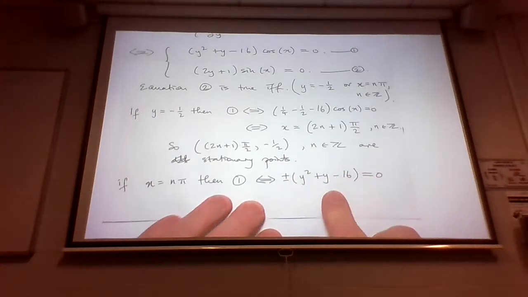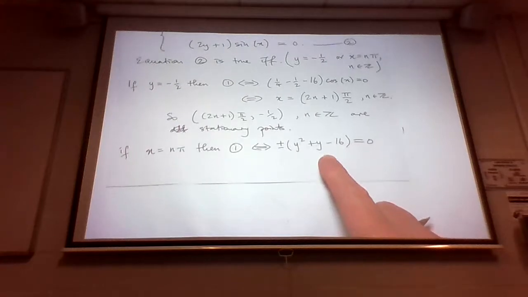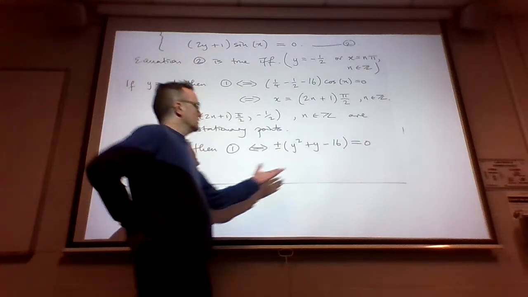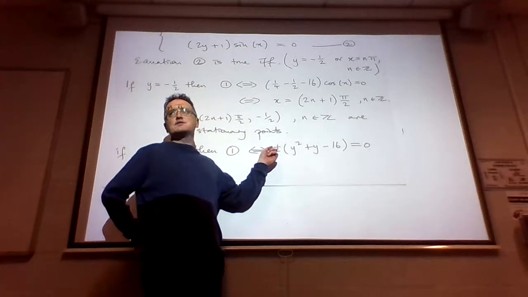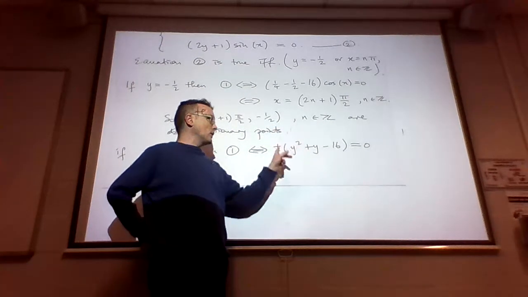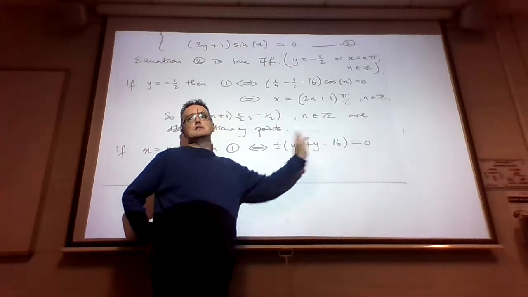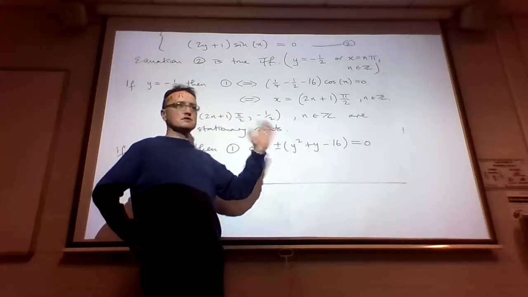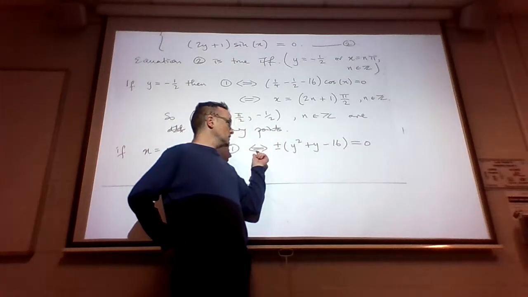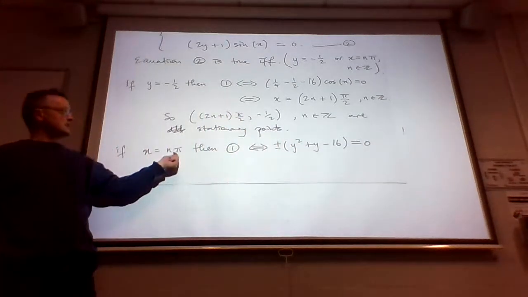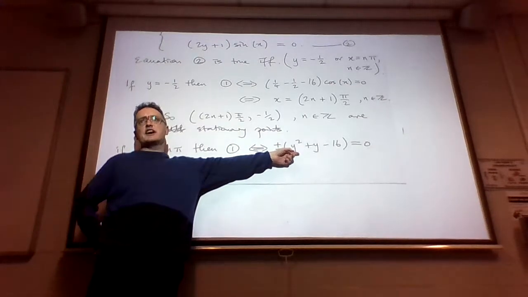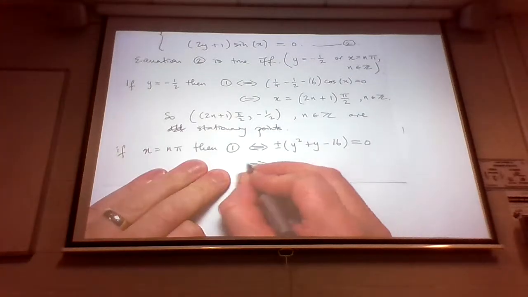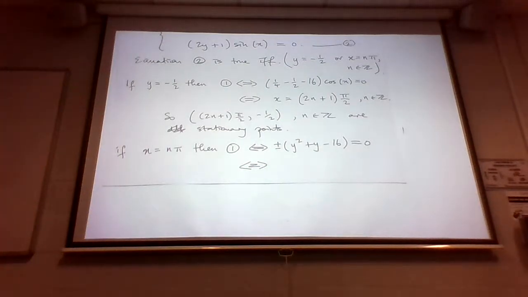It depends on the parity, the oddness or evenness of the integer, but it's either plus or minus 1. So it's plus or minus this polynomial equals 0. It doesn't really matter if it's a plus or minus, because the thing is going to be 0 when the polynomial is 0. So under the condition that x is n pi, equation 1 is satisfied at the roots of this quadratic polynomial. We've been solving these things for years.